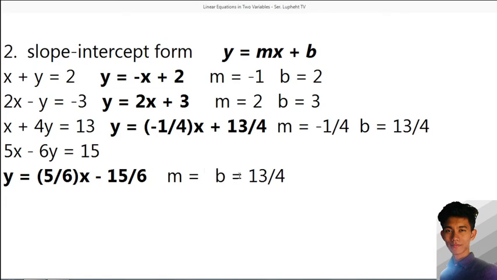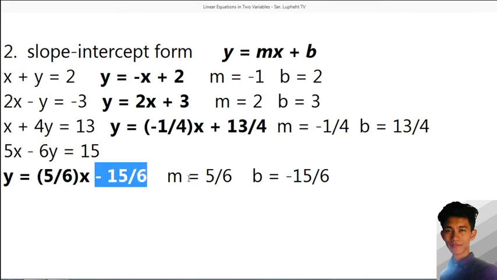Yung slope ay 5 over 6, while ang ating b ay negative 15 over 6. And then, ang ating slope ay 5 over 6.